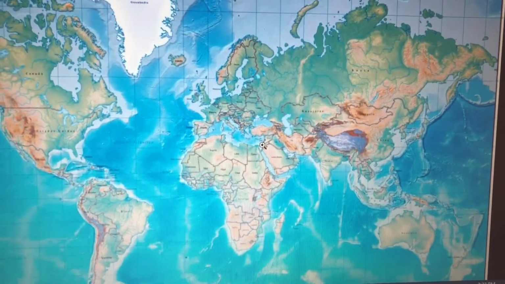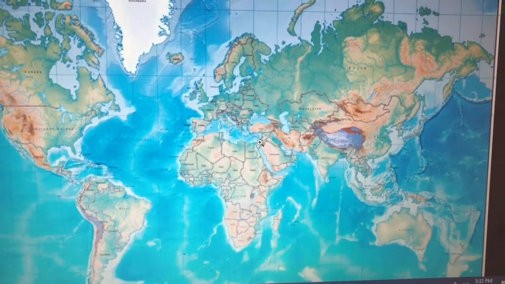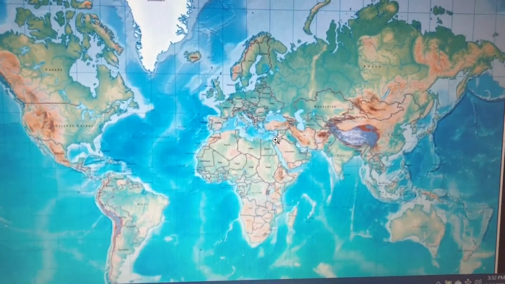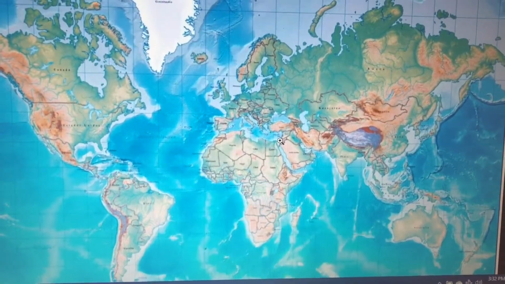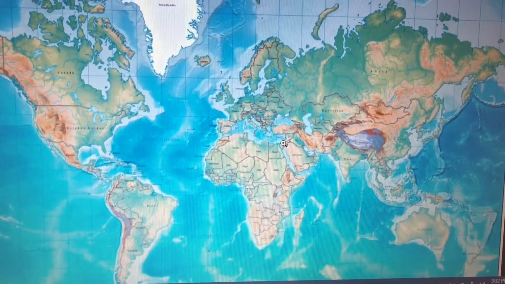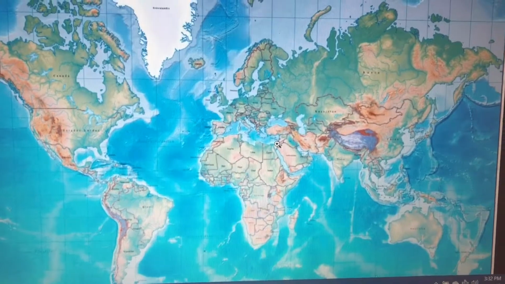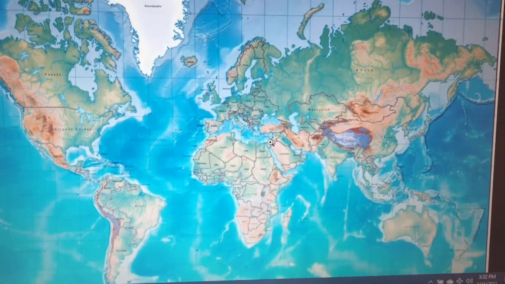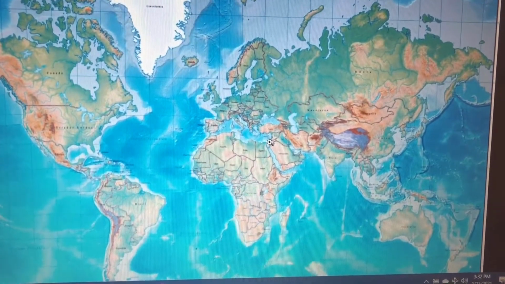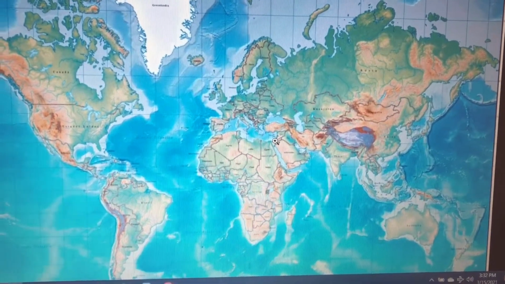So now let's look at a map. If we took the Earth and stretched it out, here is a two-dimensional map. And I want you to take a look at this and write a few things that you notice. What do you notice about this map?